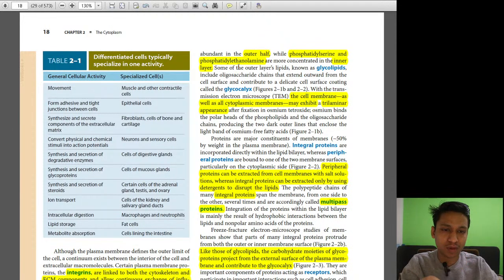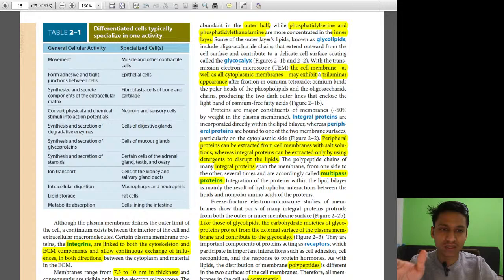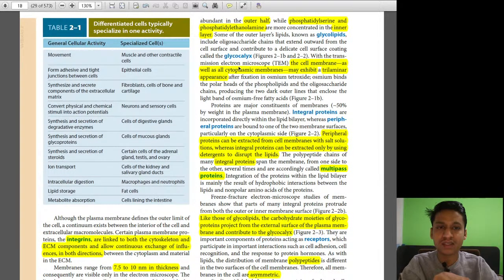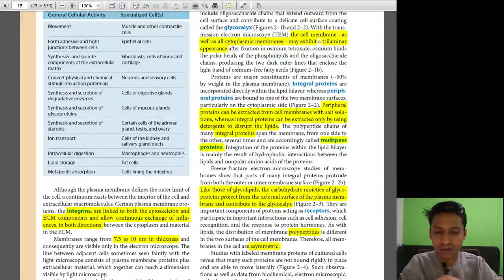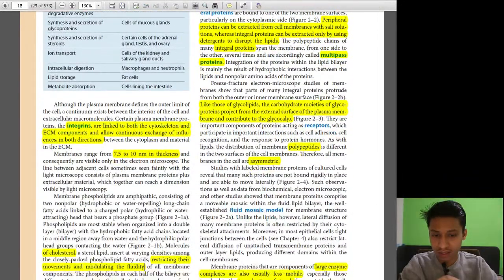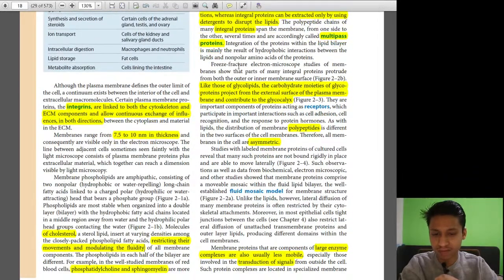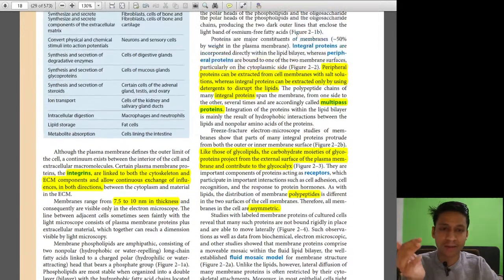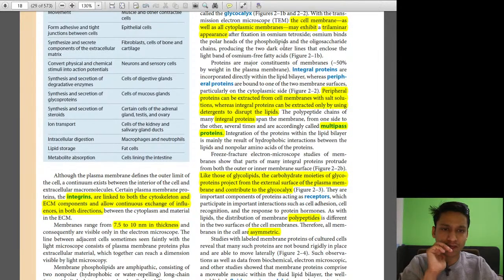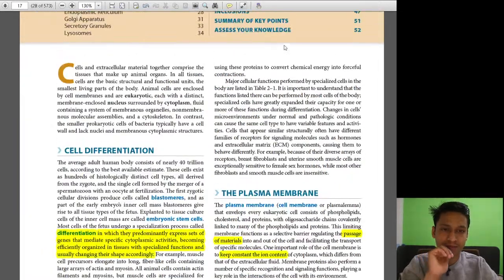This part is important. Phosphatidylserine and phosphatidylethanolamine are in the inner layer of the cell membrane. These are the phospholipids that we have arranged as a bilayer, and phosphatidylcholine and sphingomyelin are on the outside of the cell membrane.